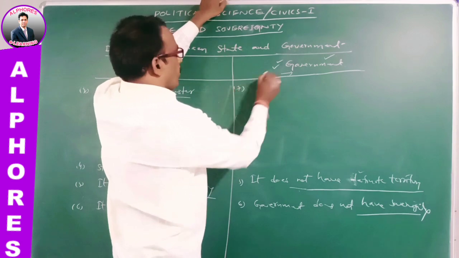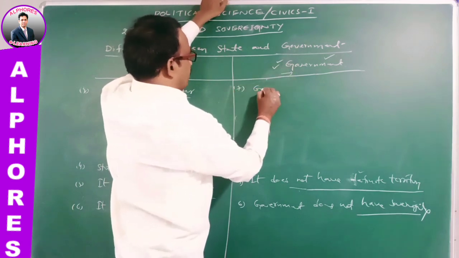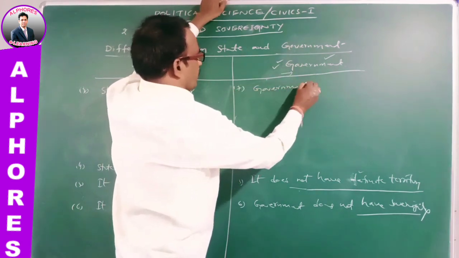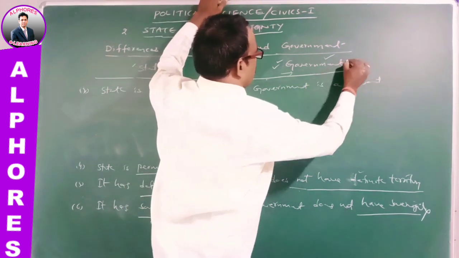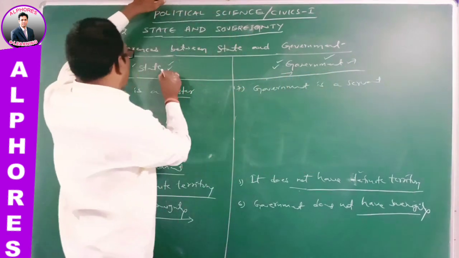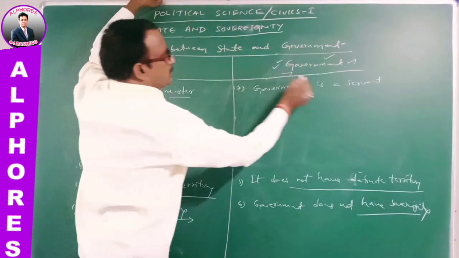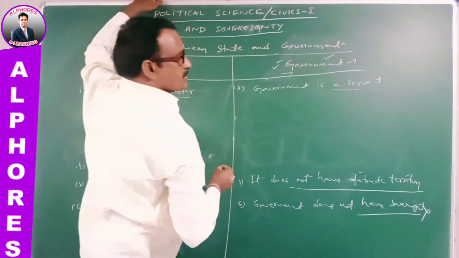Whereas government is like a servant. Government is a servant because it exercises all the powers of the state, hence it is a servant.